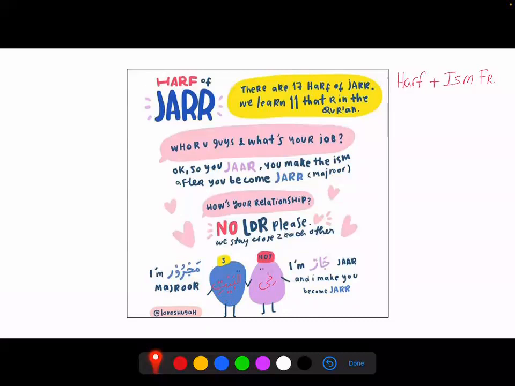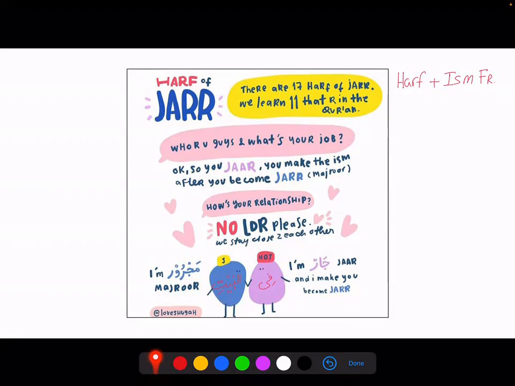One more thing which is quite important to learn: this harfu jar and its victim. Who is the victim? The ism after it, which is always jar in status. We can call it its victim or its ism. This ism majroor and this harfu jar are always together; they cannot have a long distance in between.